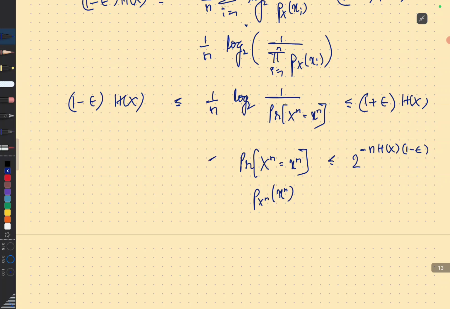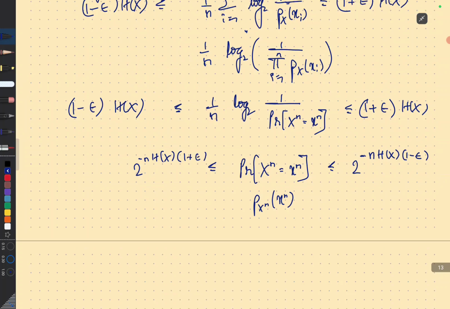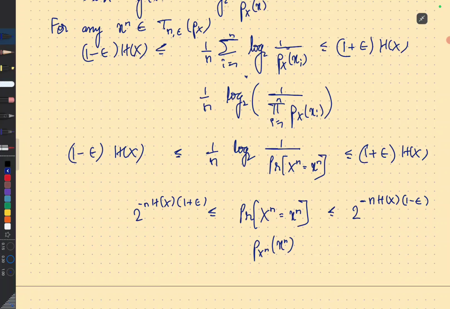It's greater than or equal to 2 to the minus n times the entropy times 1 plus epsilon.